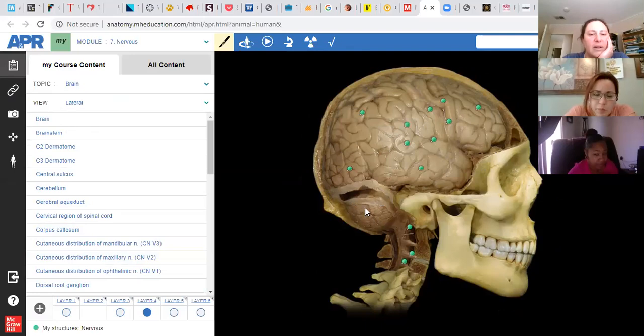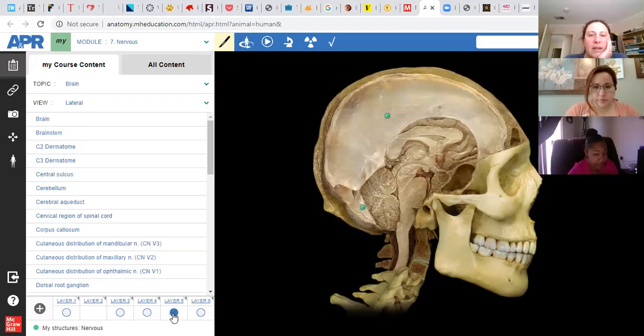Your cerebellum's down here, and different brain regions, like your central sulcus, is dividing up your frontal lobe from your parietal lobe. And then if you take it here, this is a mid-sagittal section showing you the falx cerebri that separates the right and left hemispheres, for example.